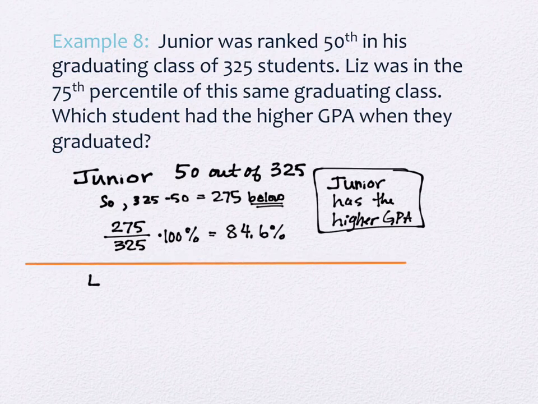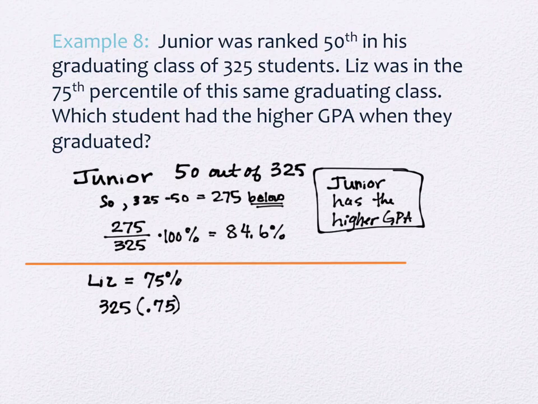So we're going to take Liz. And Liz has a 75th percentile, right? So we're going to take the 325 students and multiply it by 0.75, kind of like what we were doing on the previous problems with the IQ scores.